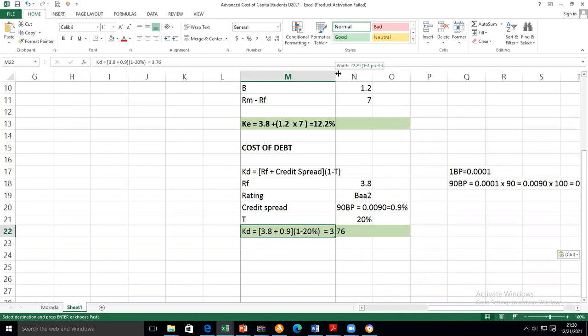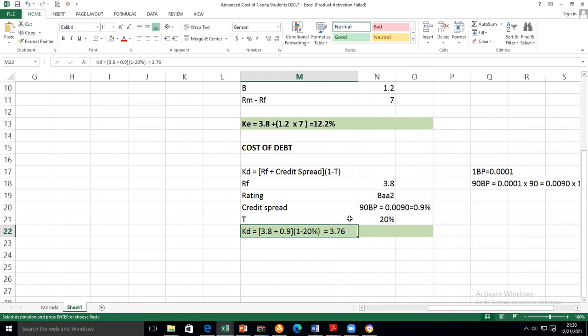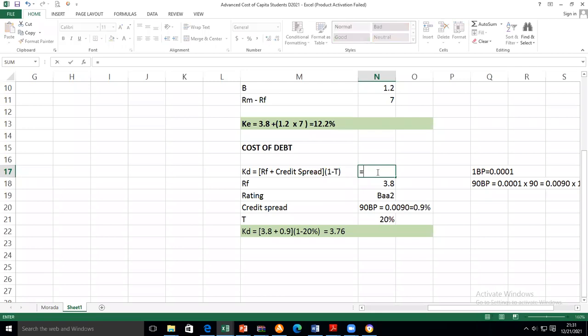As I have said earlier on, the repetition may not be necessary. In the exam, you can go here and just give your answer. You simply say, this equals 3.8 times, you open your bracket, 3.8 plus 0.9, bracket 1 minus 0.2, that's 0.8.